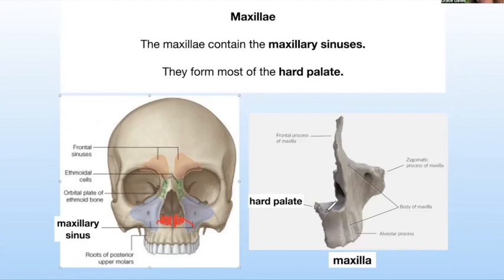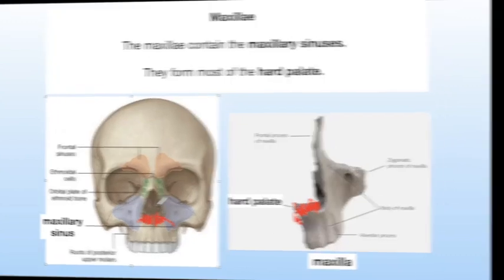And here is that shelf forming the hard palate. This is the superior surface of the hard palate. The inferior surface of the hard palate down here is in the mouth. And that's what we can rub our tongue against, when we feel the roof of our mouth.